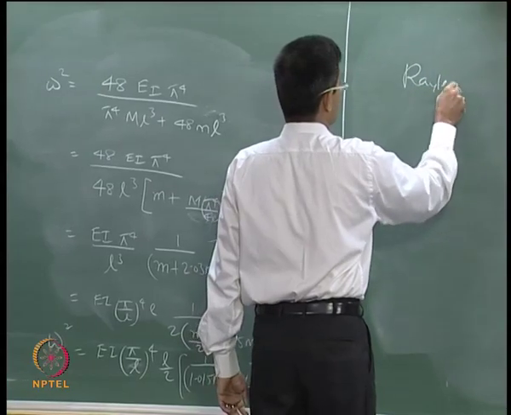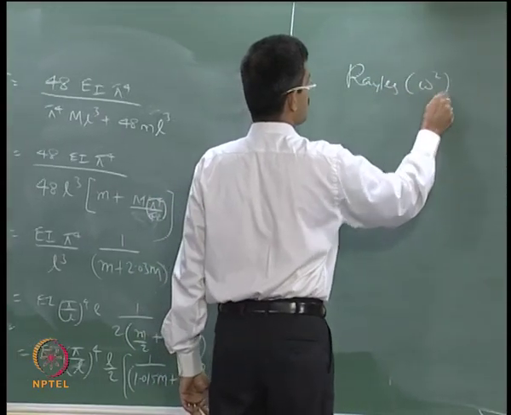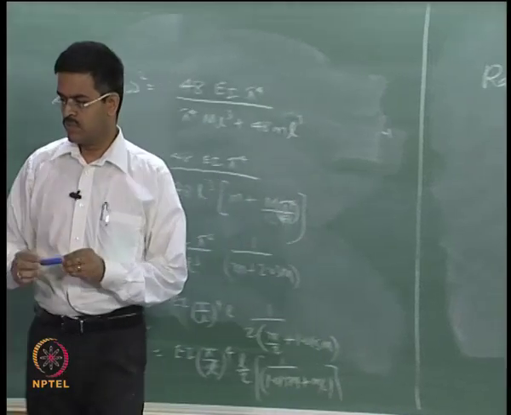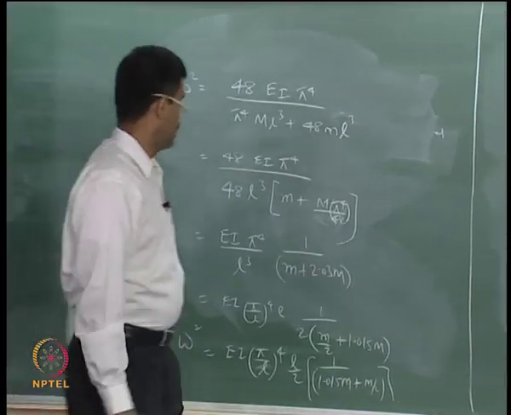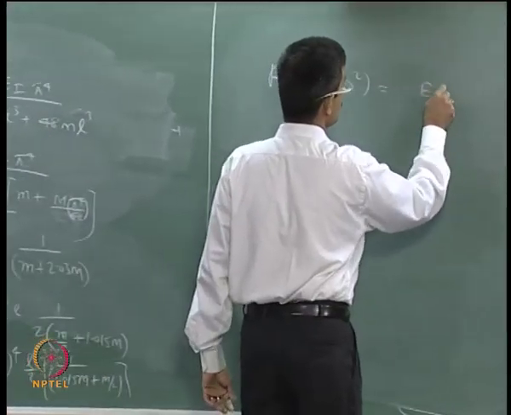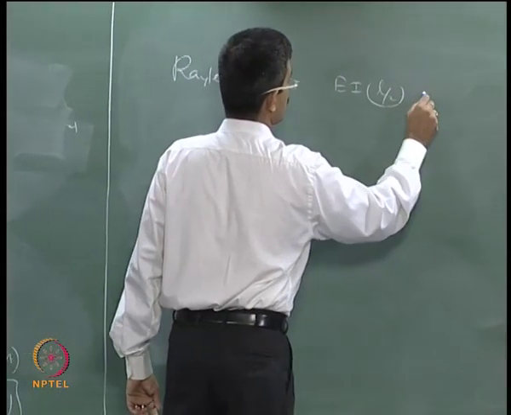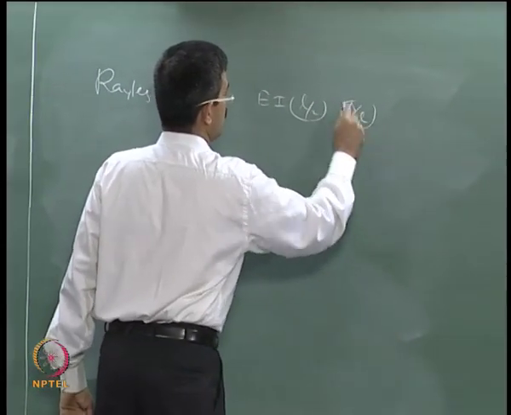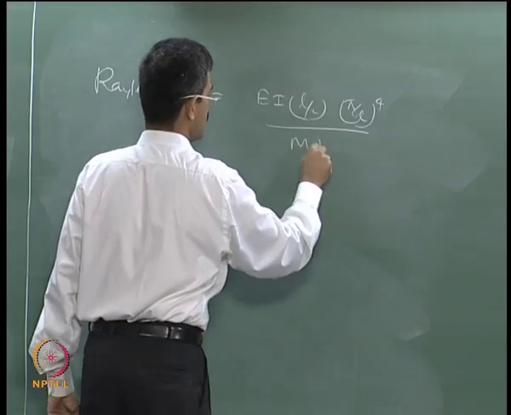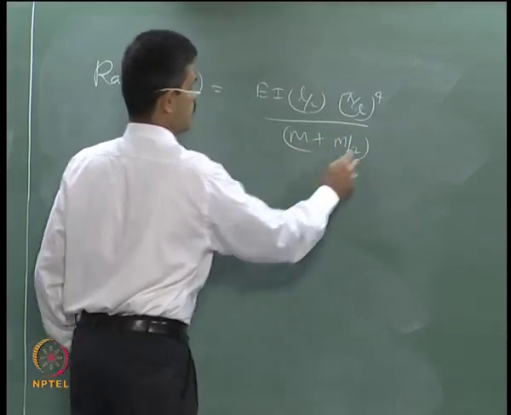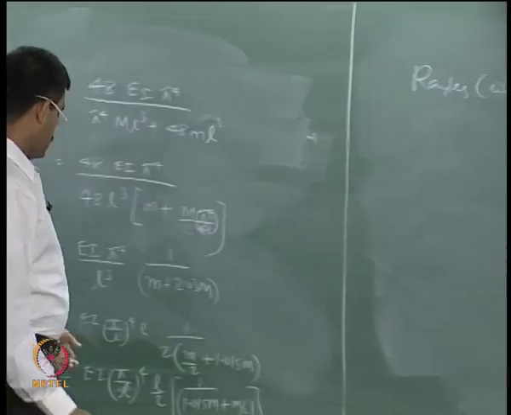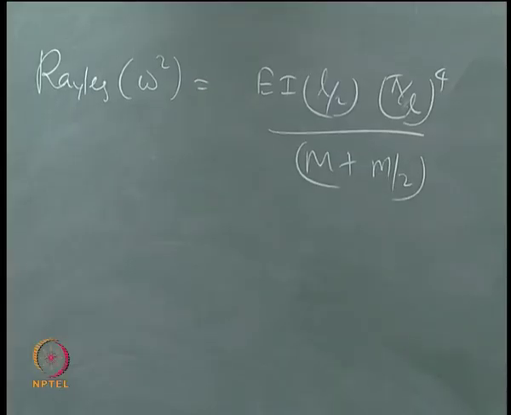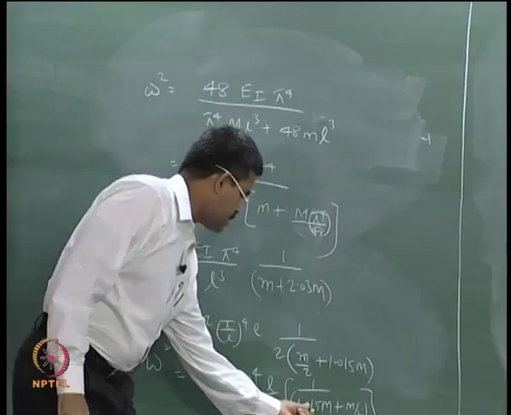Rayleigh's omega square is EI L by 2 pi by L whole 4 by m plus m by 2. Was it right? So, I am getting the same equation back again here, except there is a marginal error in m.